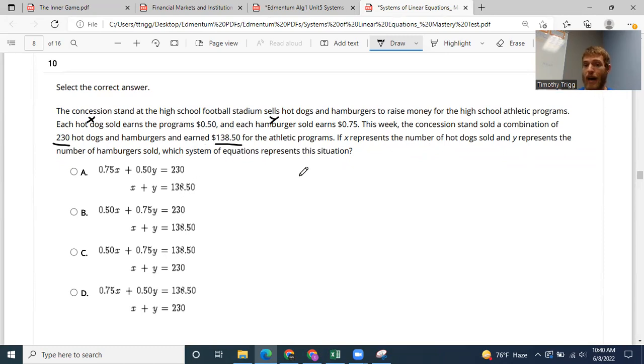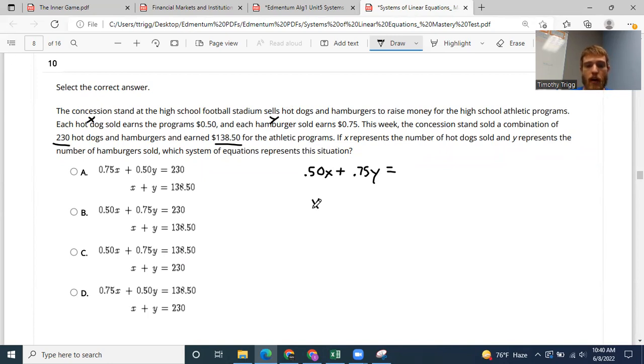One has to do with the values of the items. So it's 50 cents times the number of hot dogs, plus they earn 75 cents times the number of hamburgers. This should give you the amount of money they brought in in total.